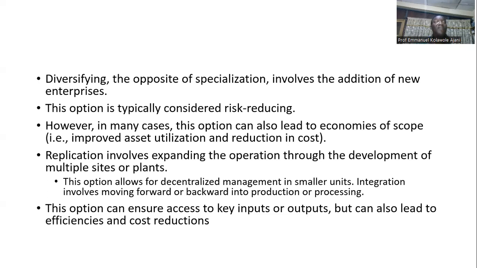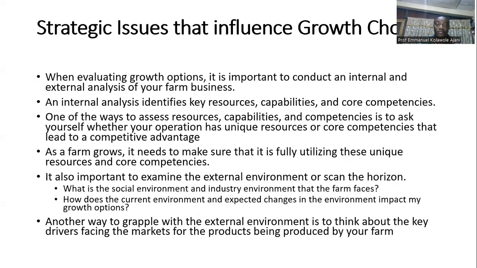And integration is another option, which involves moving forward or backward into production or processing. Integration has the advantage that it can ensure access to key inputs or outputs, and can also lead to efficiency and cost reduction. So those are the alternatives for growth.